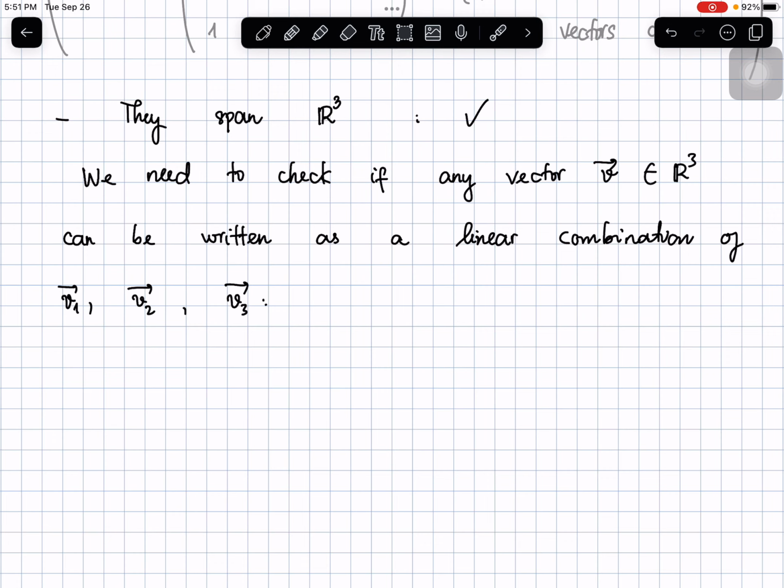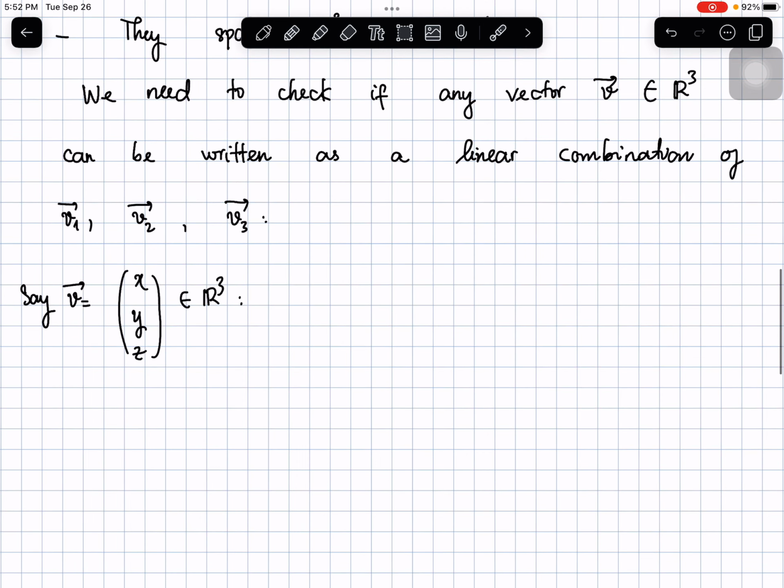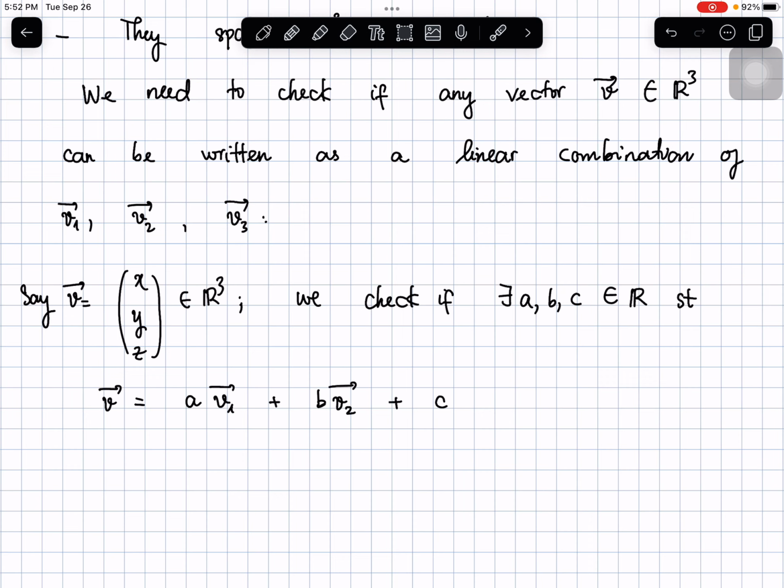So now we have a vector V, say V with coordinates x, y, z in R3. Check if there exist A, B, C, real numbers such that V equals A times V1 plus B times V2 plus C times V3.